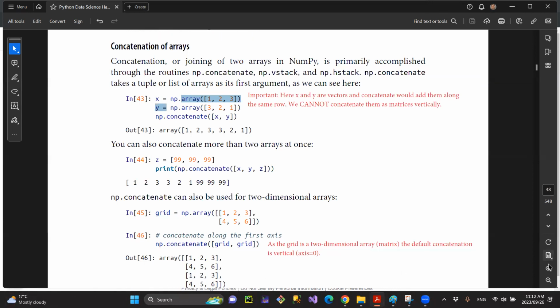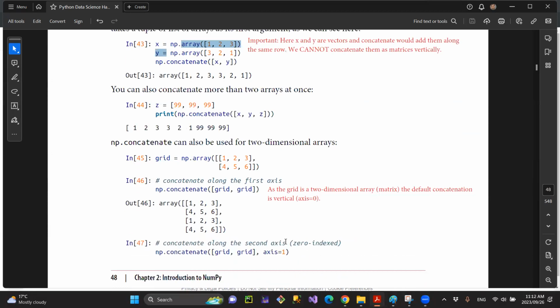Everybody try this. Say the same thing, please, and add comma axis equal to 0. Do you see any different results?